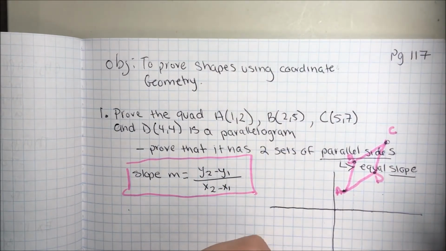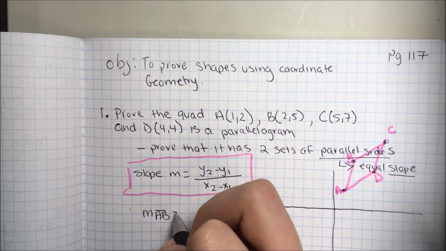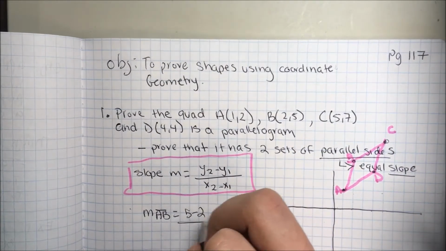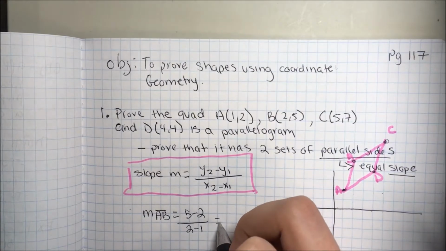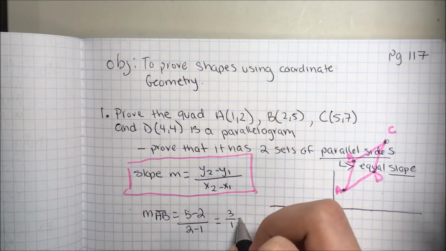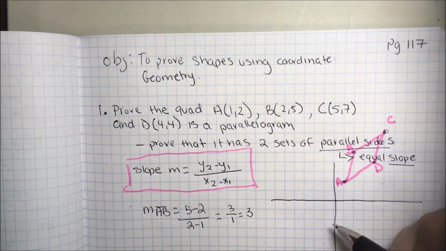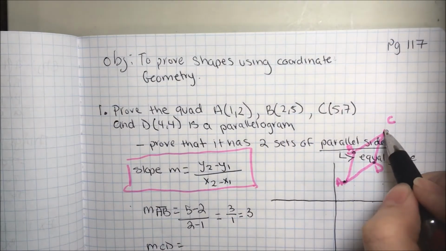So we want to find our slope of line AB. So we have 5 minus 2 over 2 minus 1, and that gives us 3 over 1, or just 3. So this was our slope of AB. Now we want to find our slope of line CD, which is this line here.